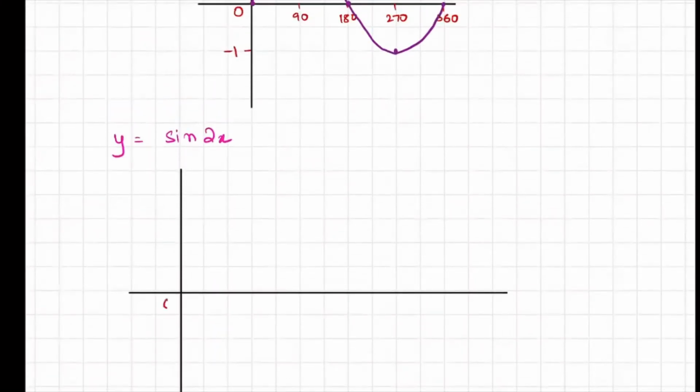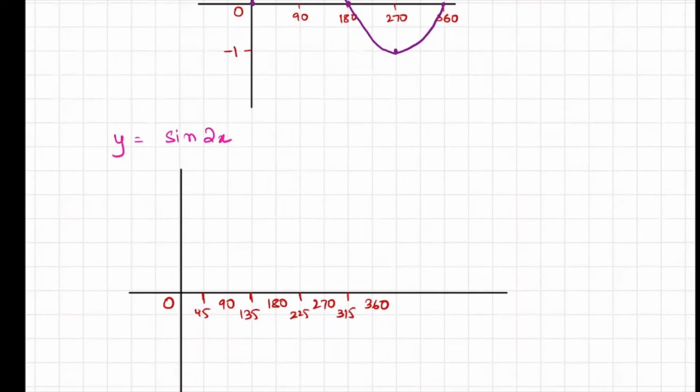So I'm making the same thing. 0, I have 90 here, I have 180, 270 and 360, right? And I'm going to write down the middle values: 45, 135, 225, 315.